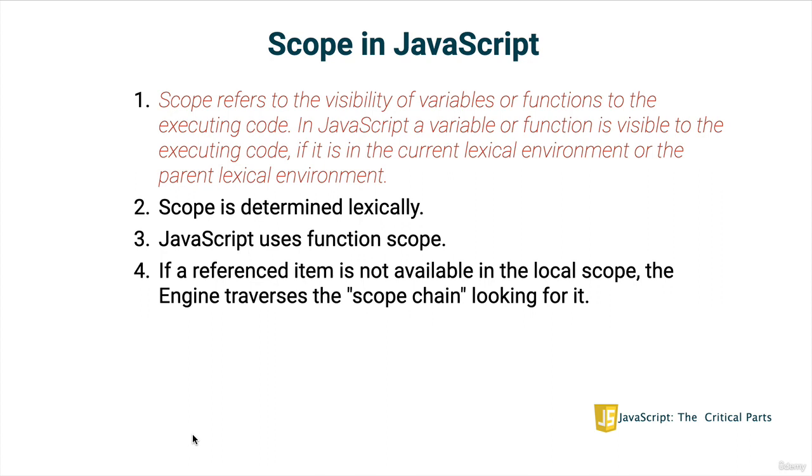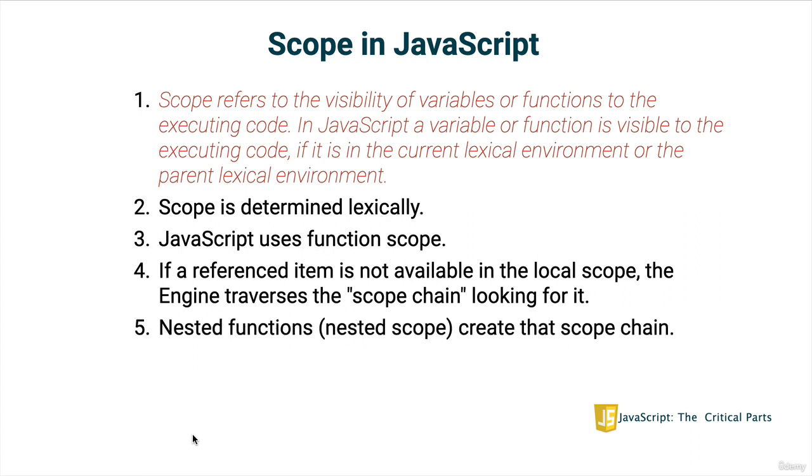So there is a chain that the JavaScript engine uses to determine if it has access to a function or a variable. And this re-emphasizes that point a bit. Nested functions, nested scope, create that scope chain that we're talking about.